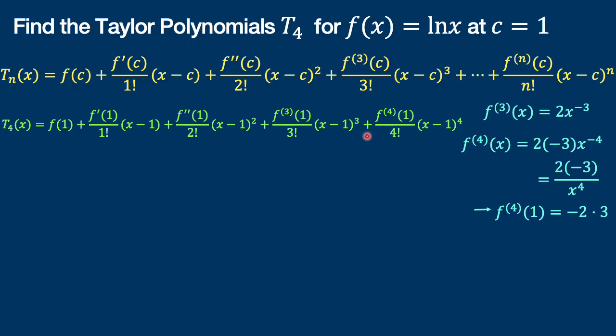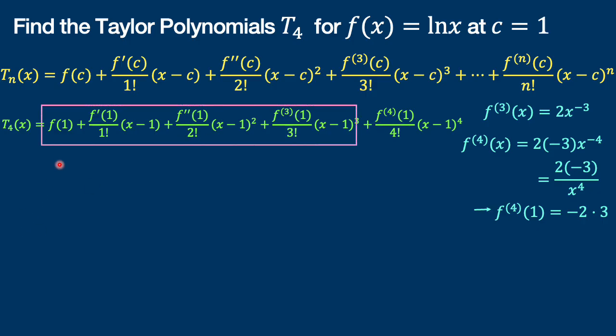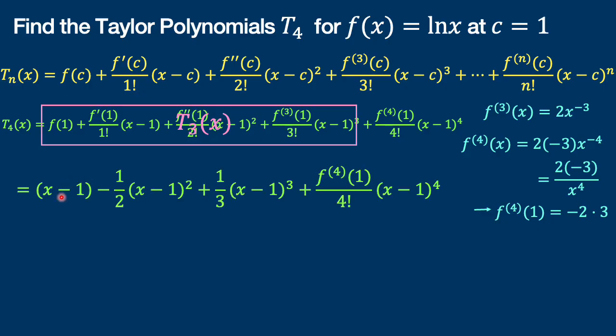So I'm going to plug in the fourth derivative at 1 right there. But we already found this one, guys. That's going to be T3(x), the degree 3 Taylor polynomial. So we rewrite x minus 1 minus 1 and a half (x minus 1) squared plus 1 over 3 (x minus 1) cubed. That's the T3 of x. We found the fourth derivative at 1 is negative 2 times 3.